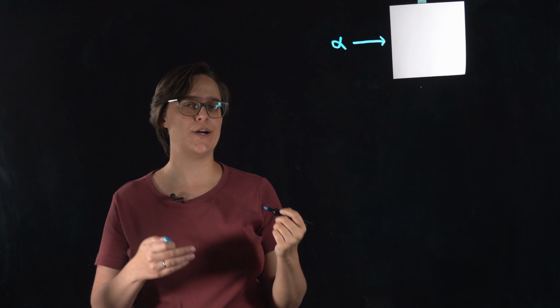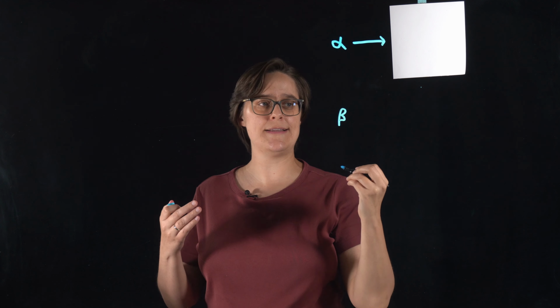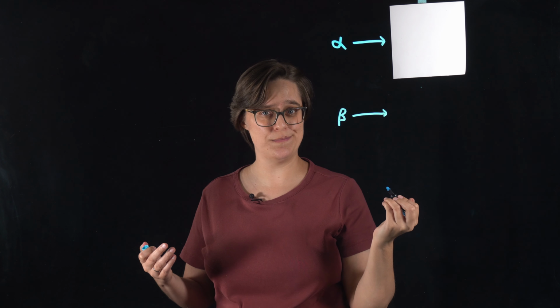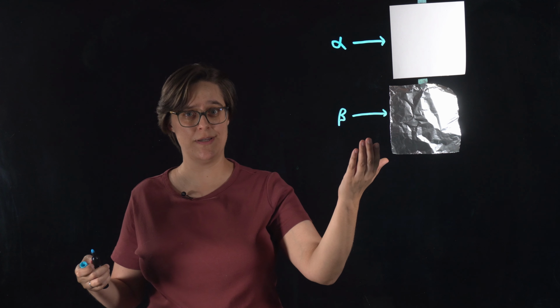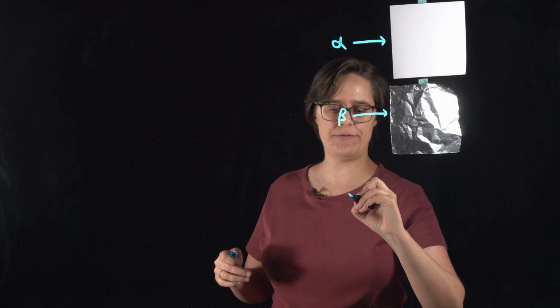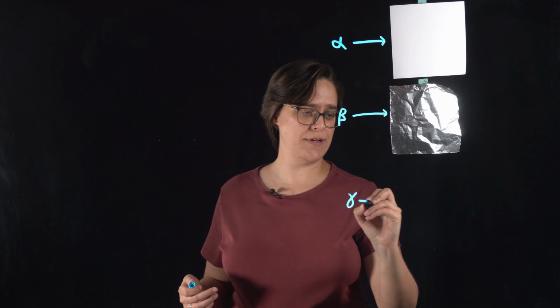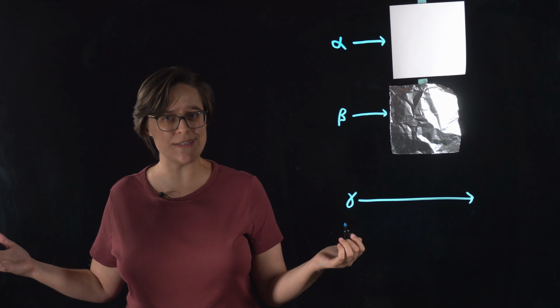Beta particles are light, they are charged, and they can be stopped by just a few millimeters of aluminum. We now know them to be electrons or positrons, but gamma radiation was different. It was uncharged, it penetrated almost anything, and what was it?